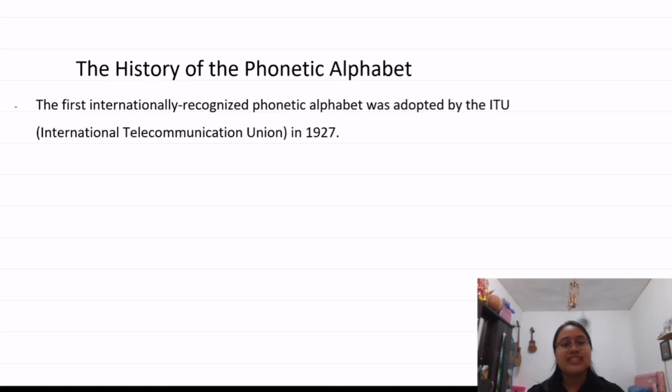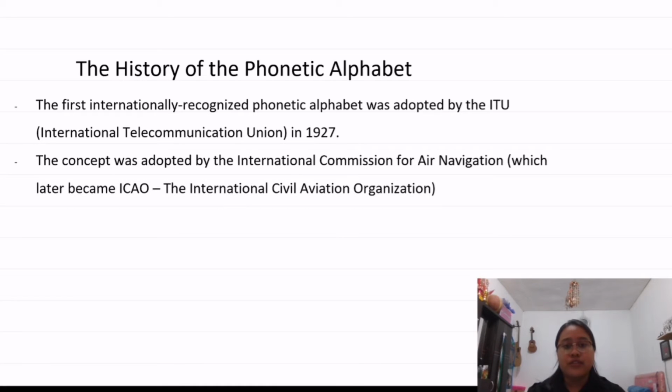The first internationally recognized phonetic alphabet was adopted by the ITU, or International Telecommunication Union, in 1927. Following this, the concept was adopted by the International Commission for Air Navigation, which later became ICAO, the International Civil Aviation Organization.